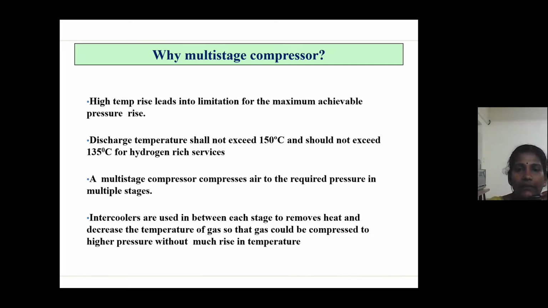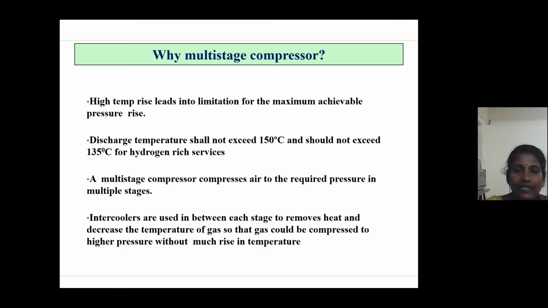So why do we need a multiple stage compressor? A high temperature rise leads to limitations on the maximum achievable pressure rise. The discharge temperature shall not exceed 150 degrees Celsius, and should not exceed 135 degrees Celsius for hydrogen rich services.